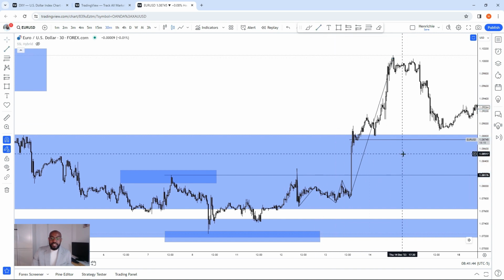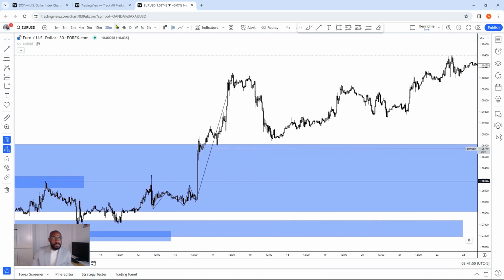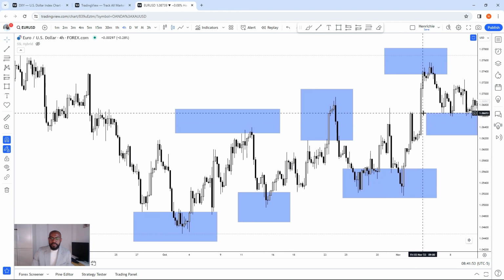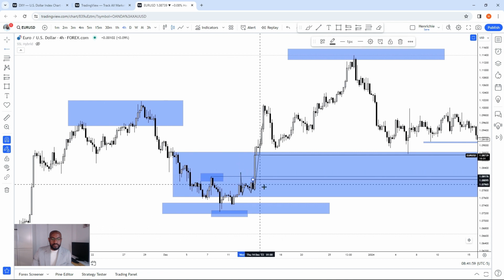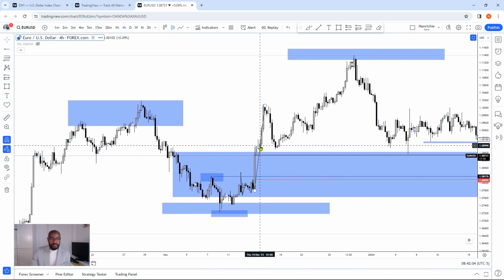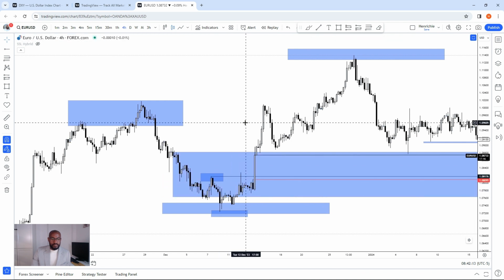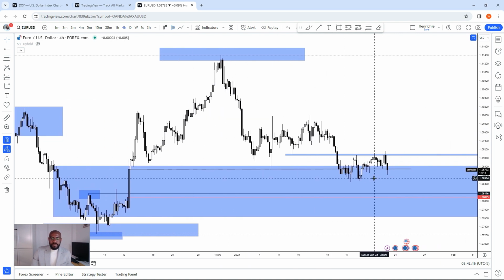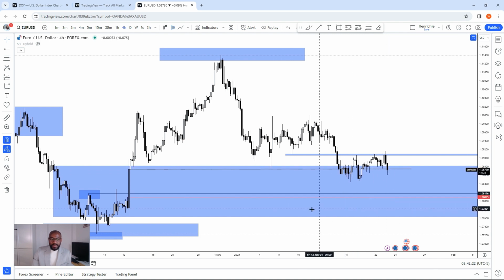So if for any reason we don't go to the upside from this key level, this would be the next position that I'll be anticipating to see price come into.